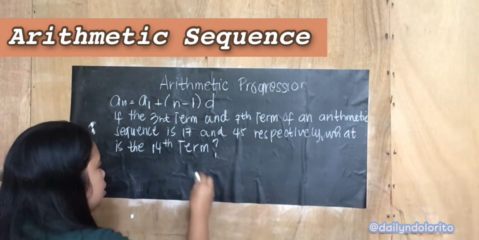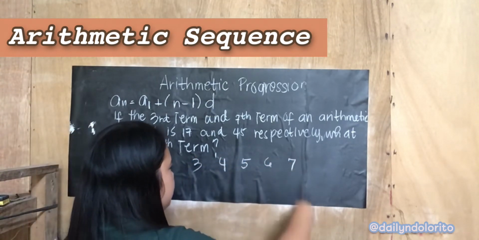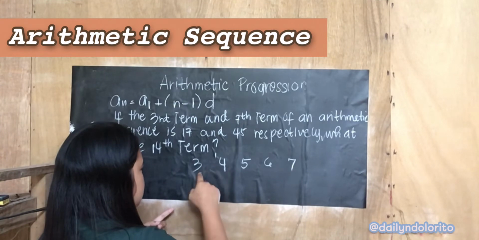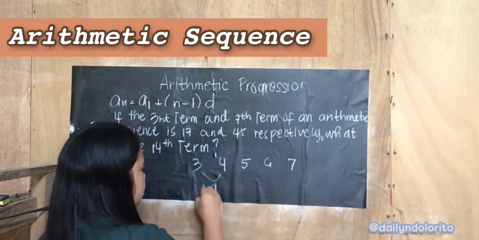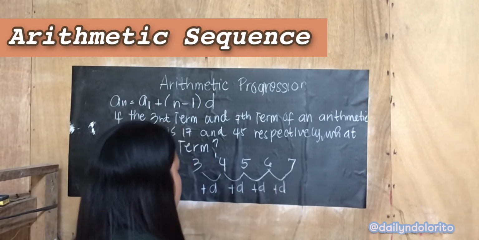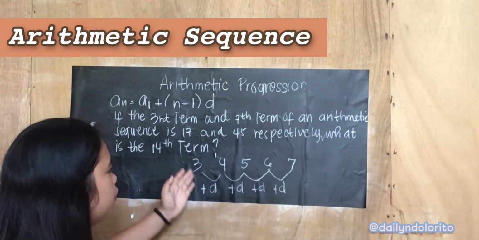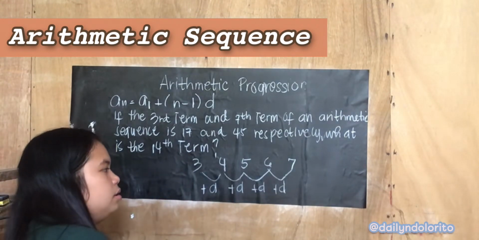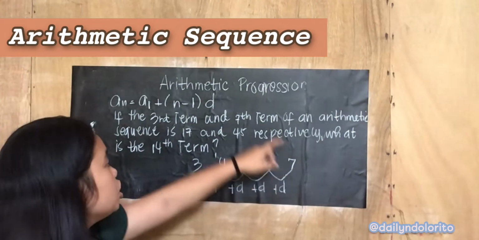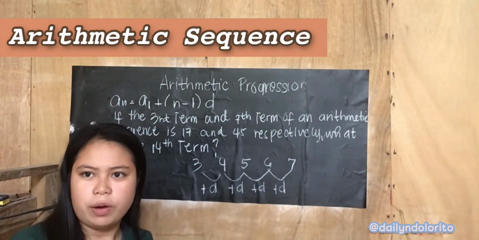So we need 4 common differences in order for us to reach the 7th term, which is 45. So what should we do about that?